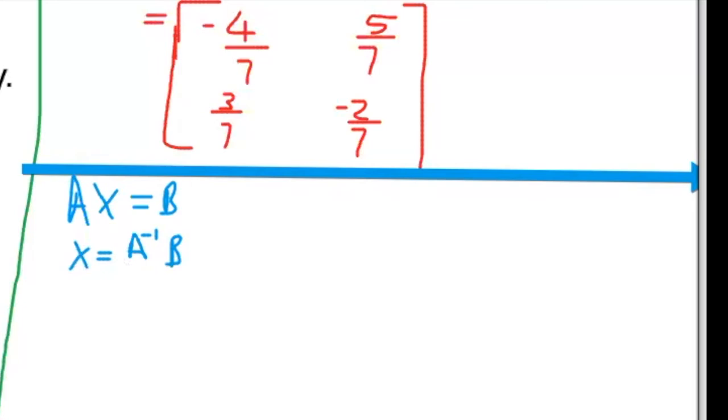So what we're going to do is replace the inverse matrix with -4 over 7, 5 over 7, 3 over 7, and -2 over 7. So this matrix that I'm talking about is the inverse, which I'm going to write here.